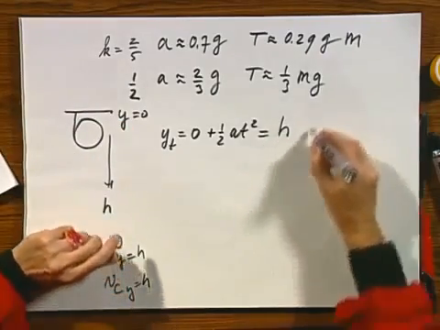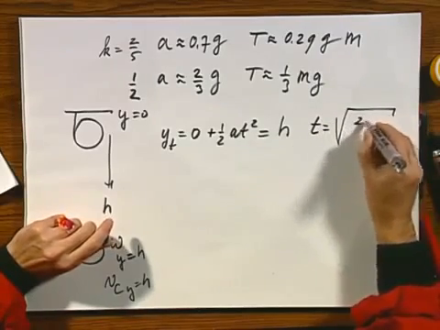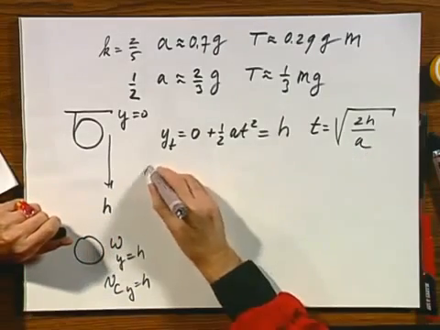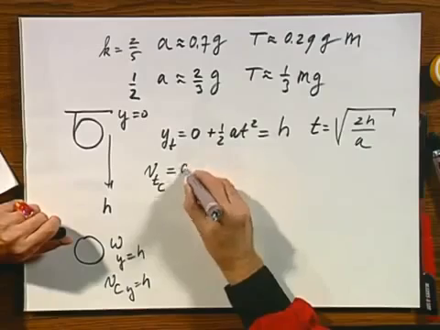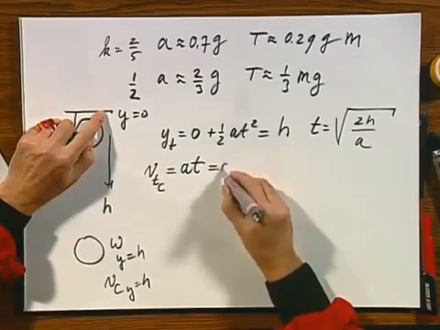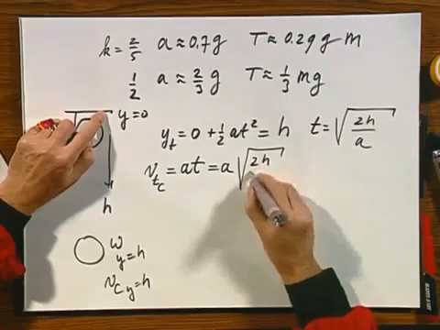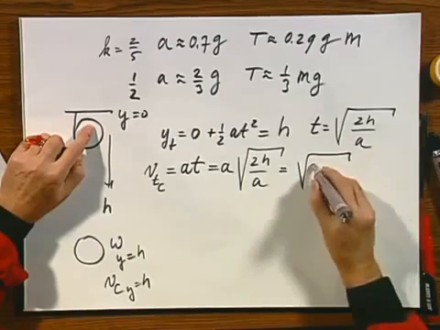And so you find immediately that t equals the square root of 2h divided by a. What is the velocity of the center of mass at any moment in time? Well, that is a t, because it starts with 0 speed, so that is a times the square root of 2h over a, so that is the square root of 2ah.